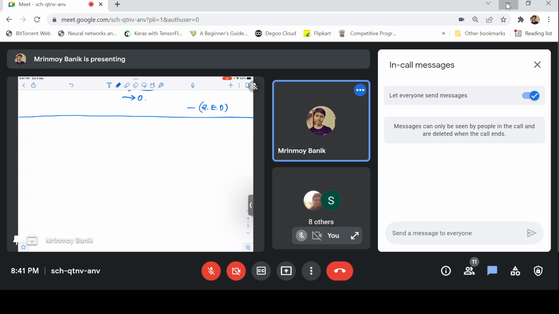Therefore, I_(2n plus 1) is... so how can we write it compactly?